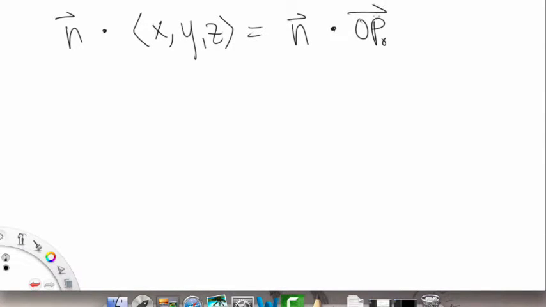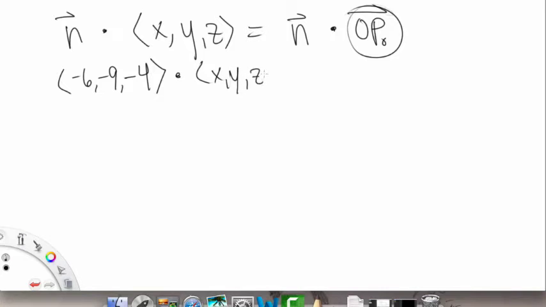Okay, so again, our formula for the equation of a plane is the following. So normal vector dotted with x, y, z is equal to normal vector dotted with some point on the plane. That's what that means. With a vector representing some point on the plane. Okay, so first of all, we have -6, -9, and a -4 dotted with x, y, z.